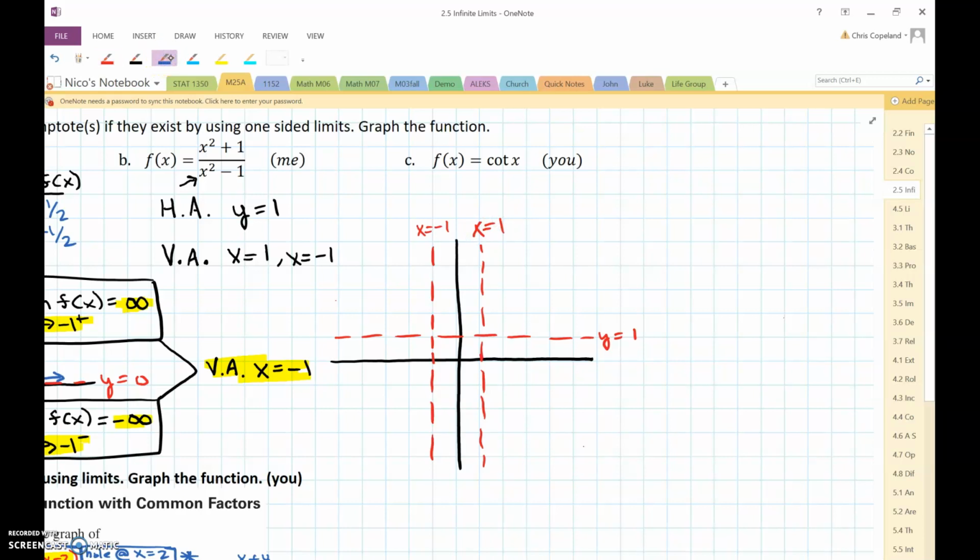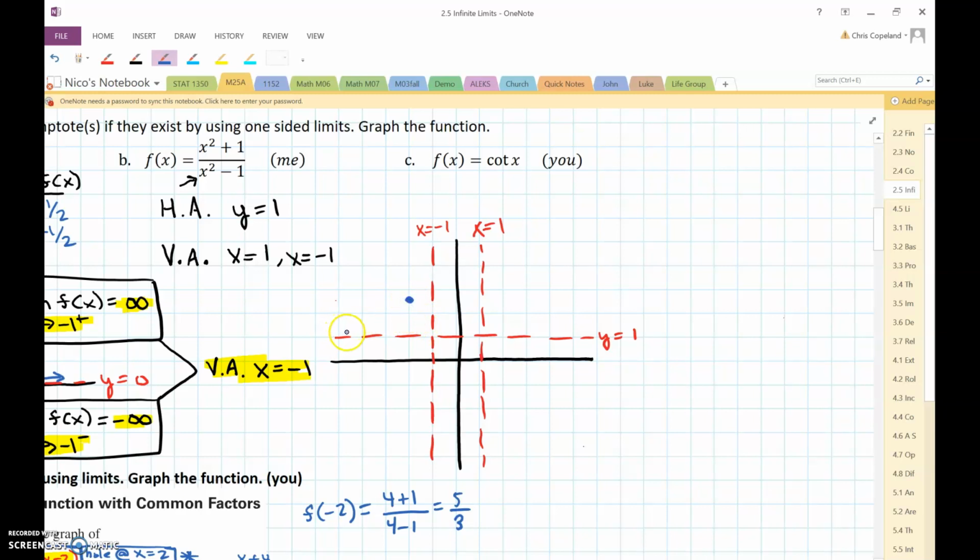So first of all, let's look at this vertical asymptote. Let's pick an x-coordinate to the left of it. That's 1, so let's pick negative 2. When I plug negative 2 into the function, I'm going to get 4 plus 1 all over 4 minus 1, which would be 5 over 3, so 1 2/3.